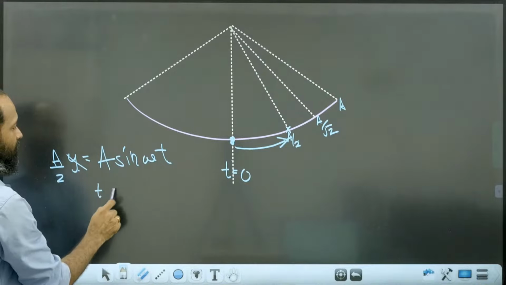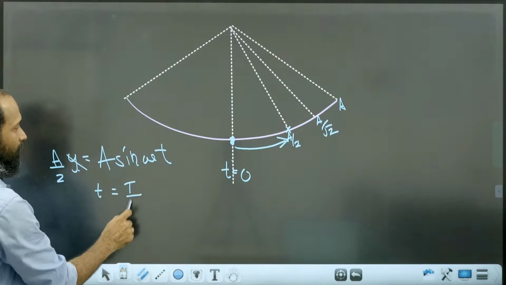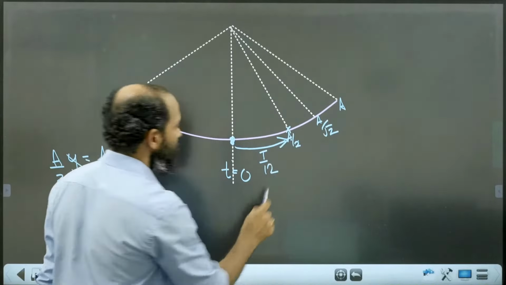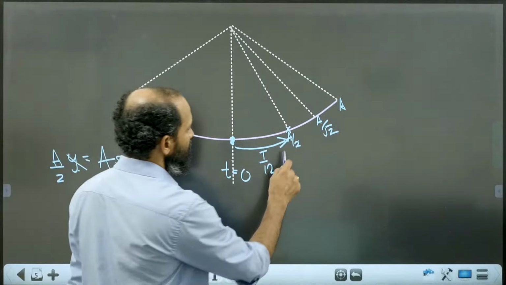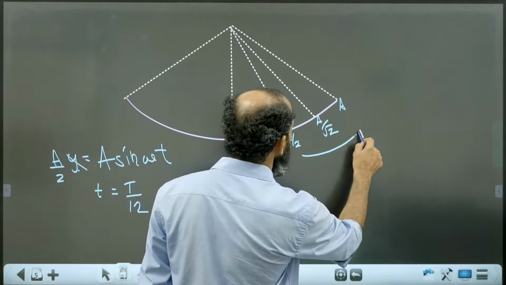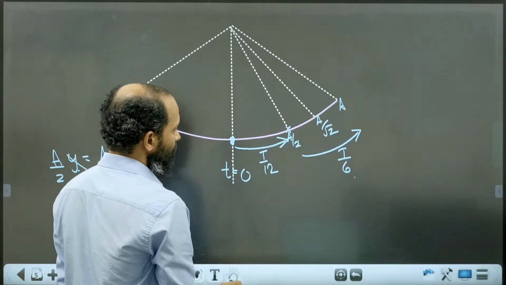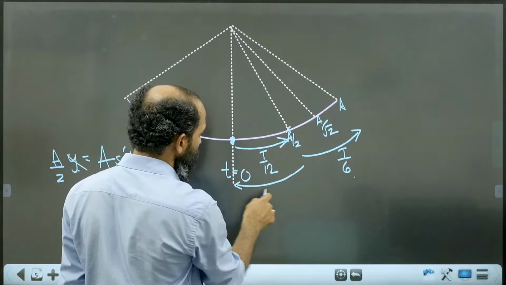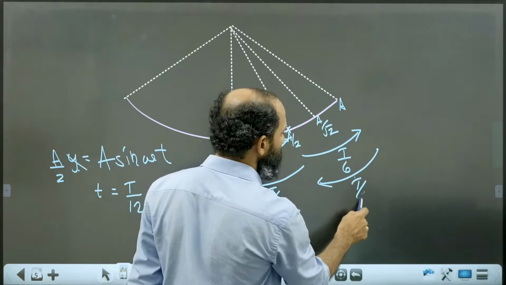So you get this time interval as T by 12. Now the time interval from a by 2 to a would be T by 6. For the same change, the same time, while coming back from here to here, time T by 12. Coming back from here to here also takes time T by 6.